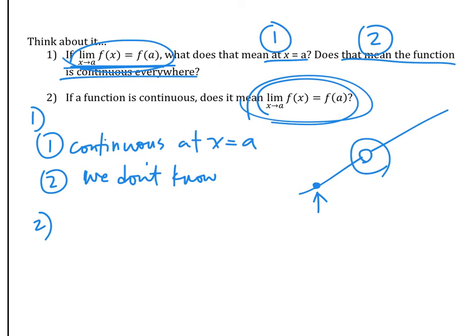If the function is continuous, does that mean the limit as x goes to a of the function is equal to f of a? Yes, of course. That is the definition of continuity. If the function is continuous everywhere, then at every single point, the limit must equal the actual value.